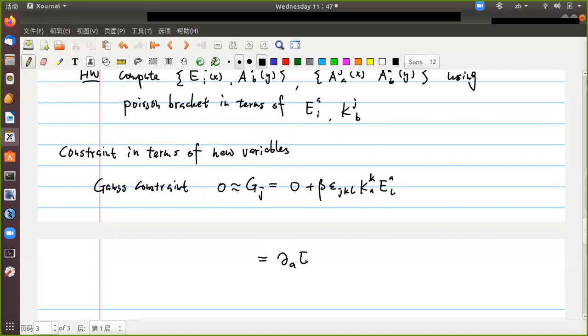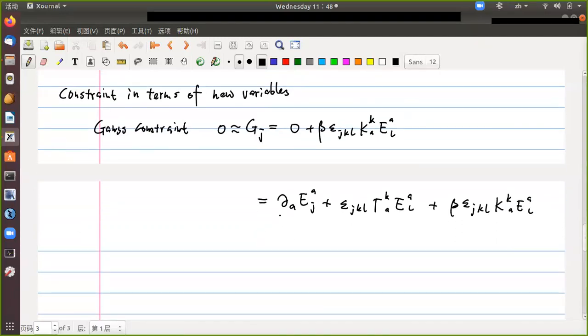Partial A E H A plus epsilon J K L A L. Yeah, plus the term which is non-zero, which is the previous constraint. Okay, I just add a 0, which means this term actually equals 0.